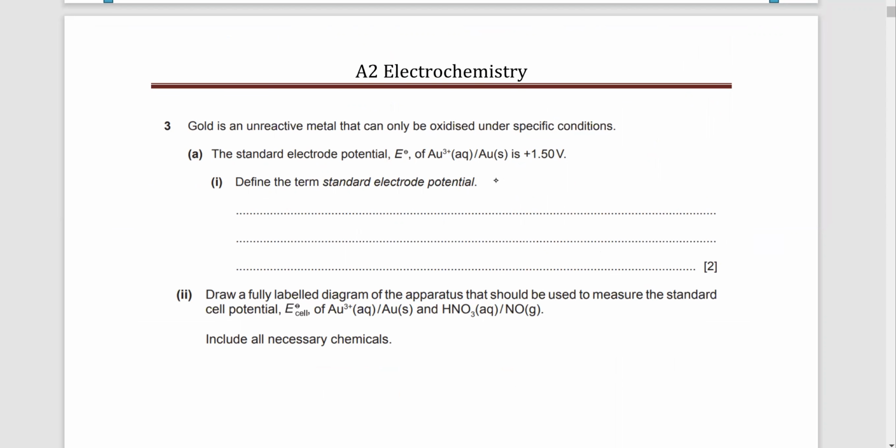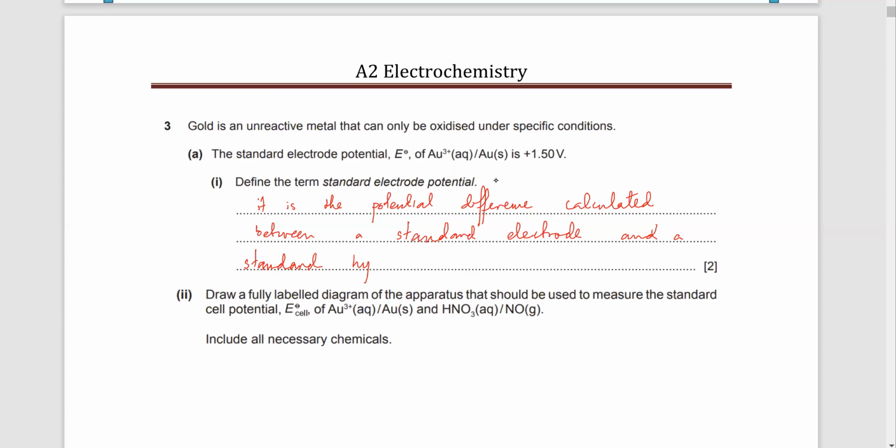So it is the potential difference calculated between a standard electrode and a standard hydrogen electrode.